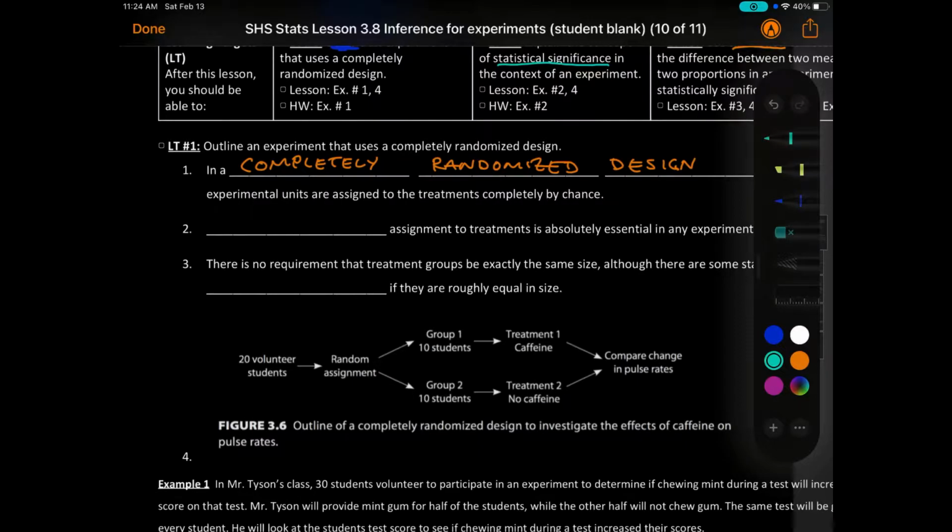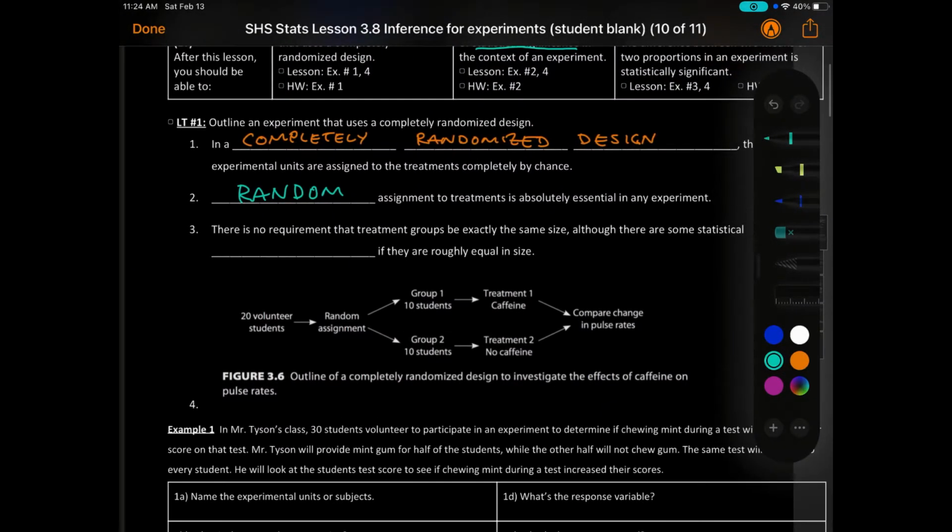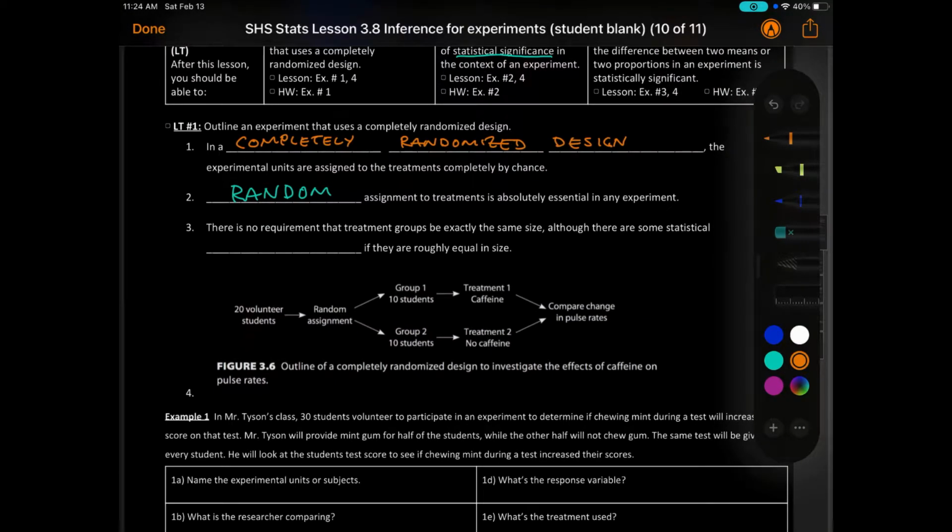Number 2, random assignment to treatments is absolutely essential in any experiment. And 3, there is no requirement that treatment groups be exactly the same size, although there are some statistical advantages if they are equal in size.